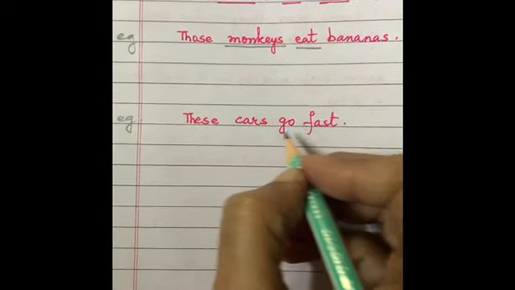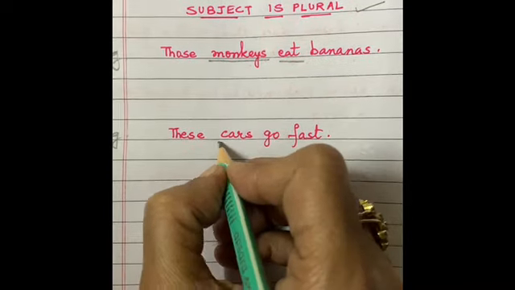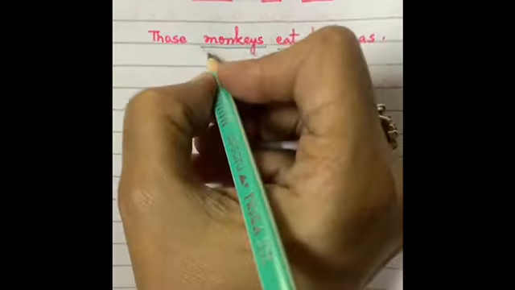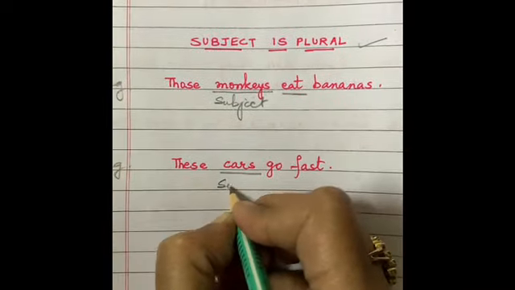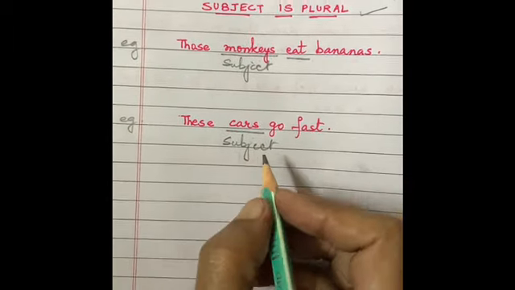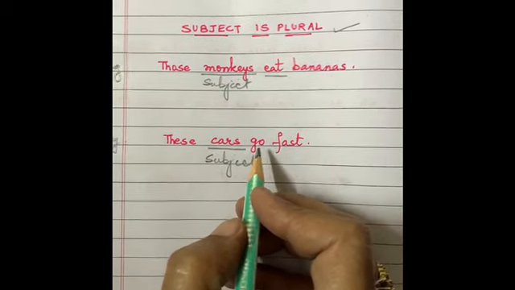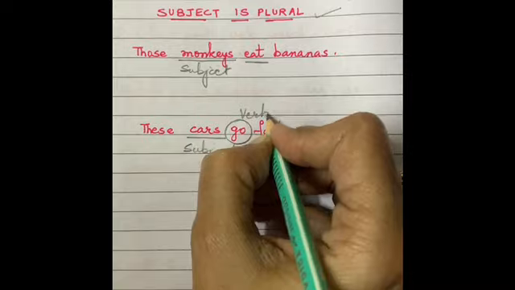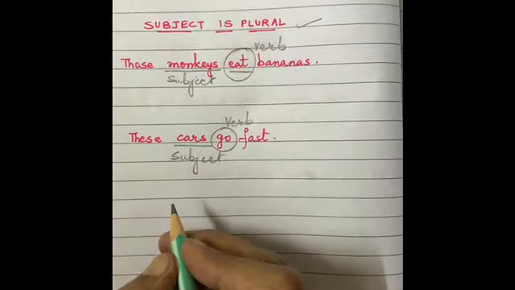These cars go fast. Here the subject is cars, which is plural in form. So the verb will also be in the plural form. Go, verb. Eat, verb.